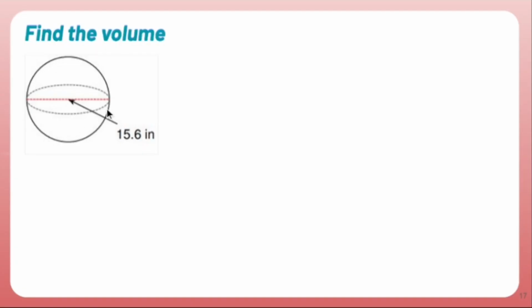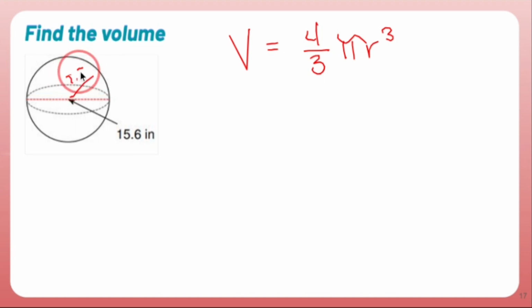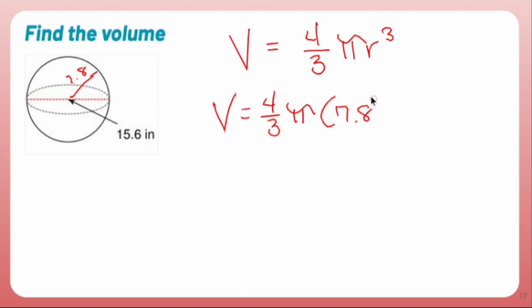Find the volume of this guy, a sphere. If you ever took 8th grade math or 7th grade math, you've probably had to do this before, so this isn't super new, and here's the formula for it. Maybe you remembered it, maybe you didn't, but here's problem number 1. This is my diameter. So if I take half of it to get my r, half of 15.6 is 7.8. So that's my r. So it's just a calculator exercise. 4/3 times pi times 7.8 cubed.